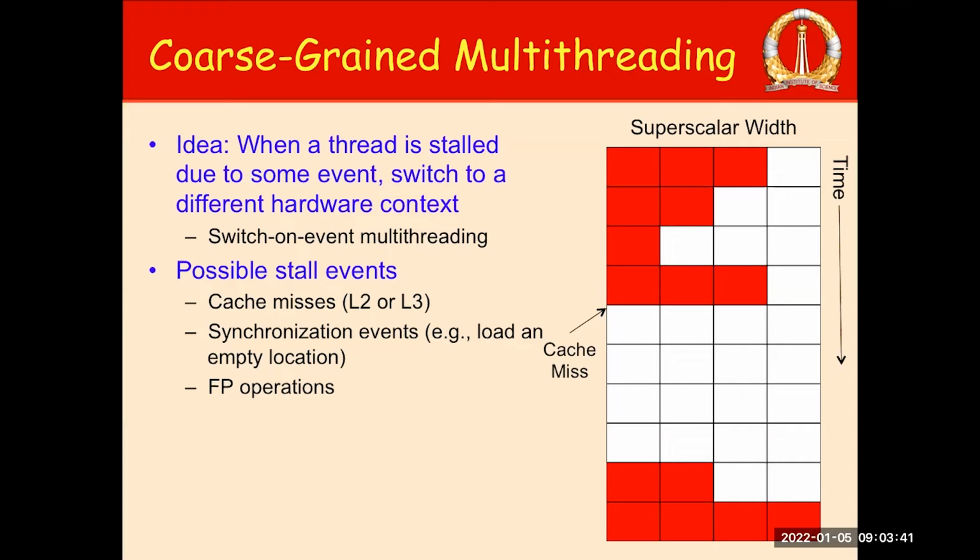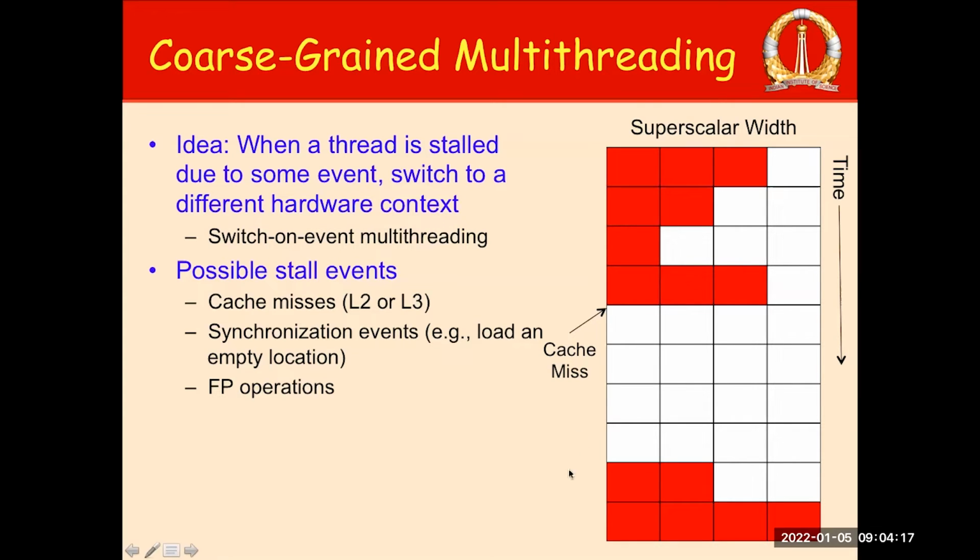So let's look at how coarse grain multi-threading works. If you consider the superscalar processor, let's say at each cycle you start executing some number of instructions, whatever instructions are independent and can be executed in parallel depending on the instruction level parallelism you have. So for example, in the first cycle you executed 3 instructions, in the next cycle you executed 2, and so on. Now at this point, let's say one of these long latency operations has come and the pipeline is stalled.